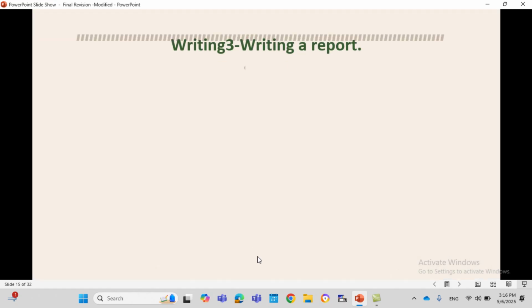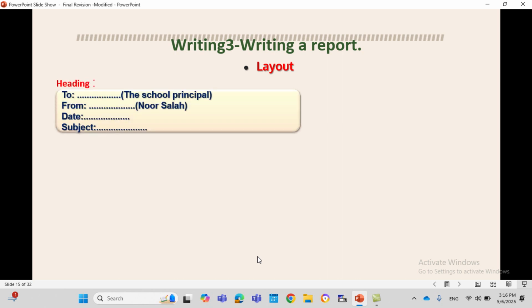Okay, let's come to the third task, which is writing a report. We will start with the layout. The layout of writing a report is different from the letter or essay, as it has headings, for example, to the school principal, from your name, and you should bear in mind that there is a name which the examiner gives you in your final examination.